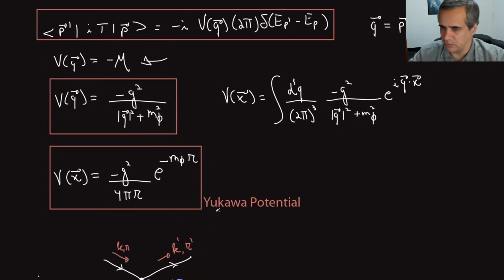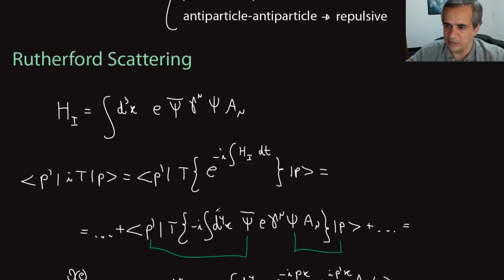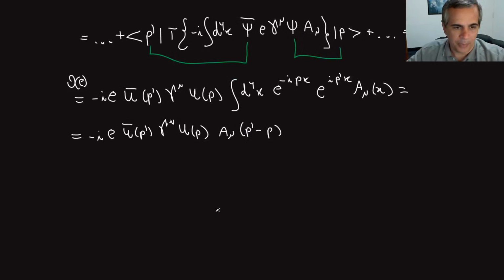So you can obtain that. Now if I assume that this electric field generated by the nucleus is independent of time, so if A_mu of x does not depend on time, then you can say that this guy is actually the Fourier transform of this one. So if this guy does not depend on time, that means that this guy can be written.